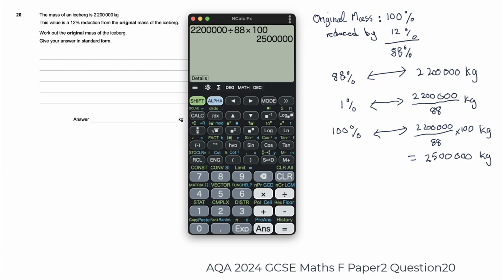So I'll take that answer that I just got and then press equals. It changes that number to standard form. That's a piece of magic that my calculator does. Your calculator also can do that, so find out how your calculator changes numbers to standard form.